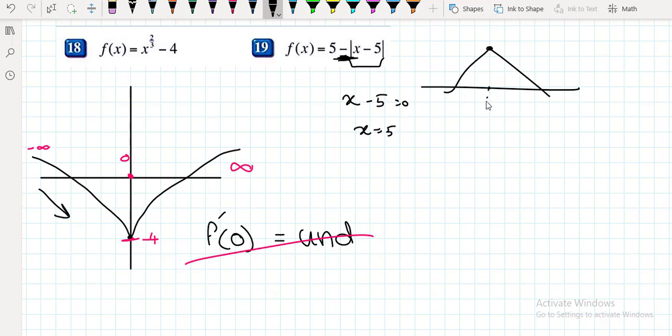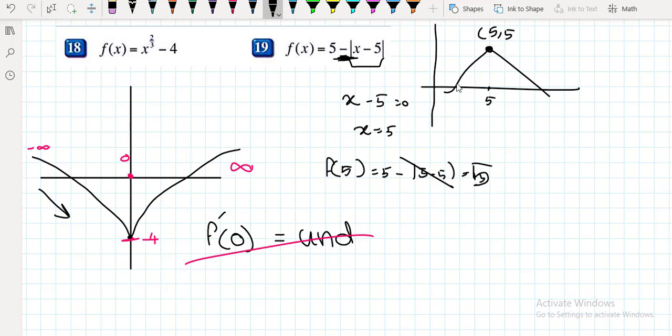That means this is 5 on x-axis, and if we put 5 into the function, f of 5 is equal to 5 minus absolute 5 minus 5. Result is absolute will be 0, that is only 5. So this point is 5, 5. So the graph is like this.